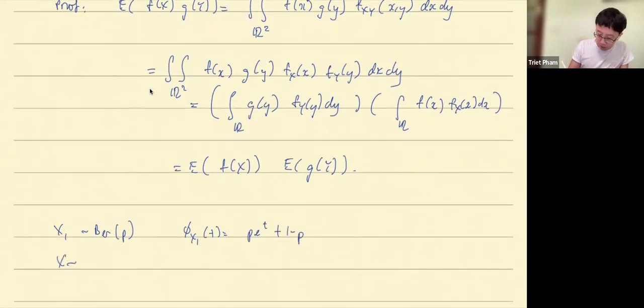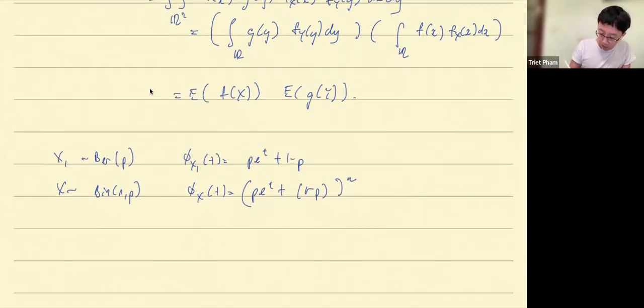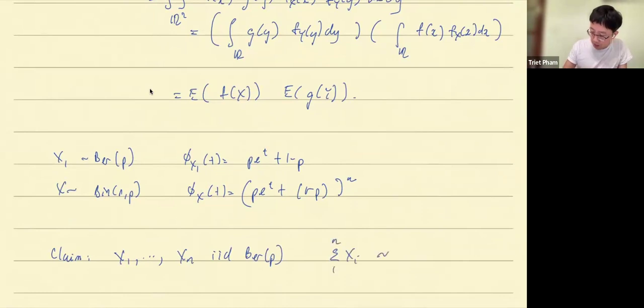If we have a binomial(n, p), then its moment generating function is (p e^t + 1 - p)^n. I think once upon a time I claimed that if you have X_1 up to X_n IID Bernoulli(p), then the sum has a binomial(n, p) distribution.